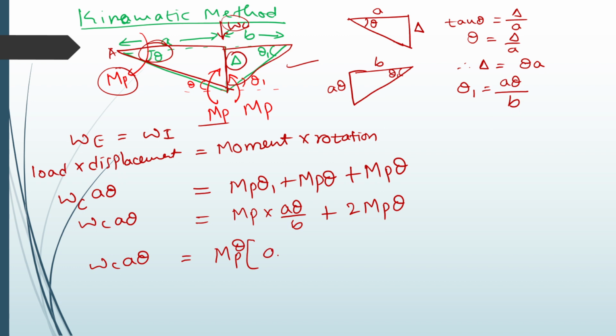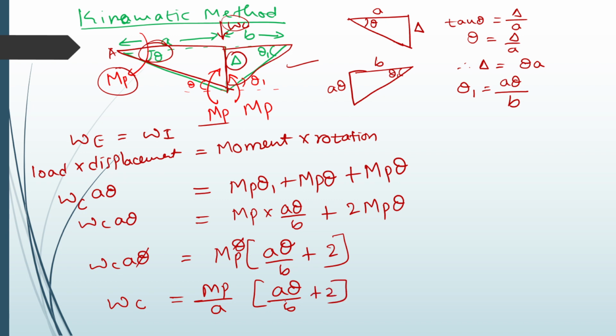The remaining terms are a theta by b plus 2. Here theta and theta get cancelled. So Wc into a equals Mp into a by b plus 2. By simplifying, taking the LCM on this side.